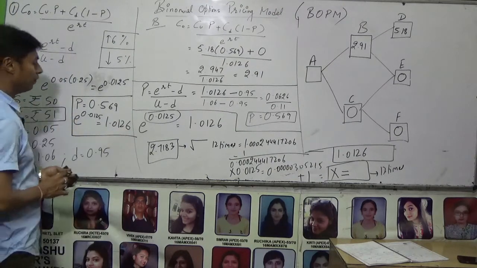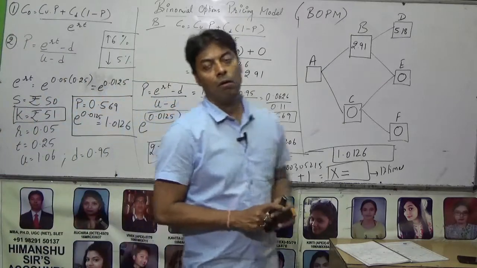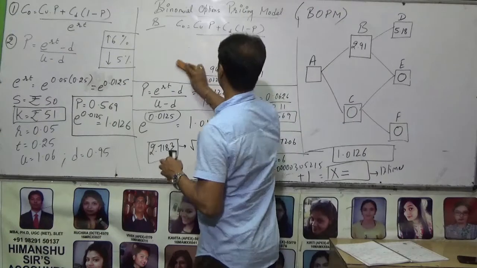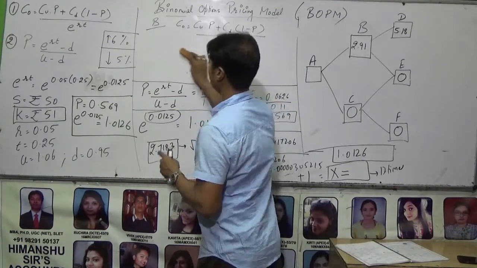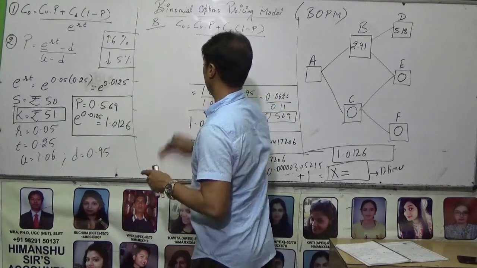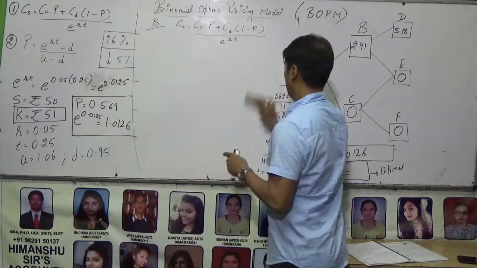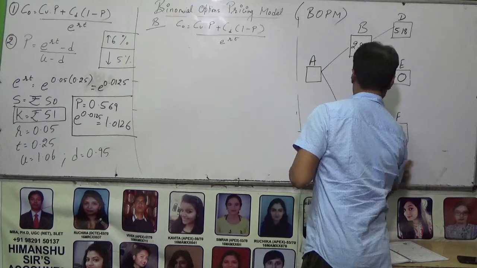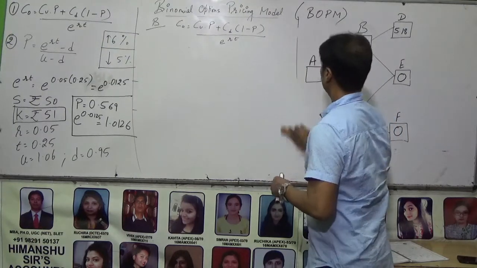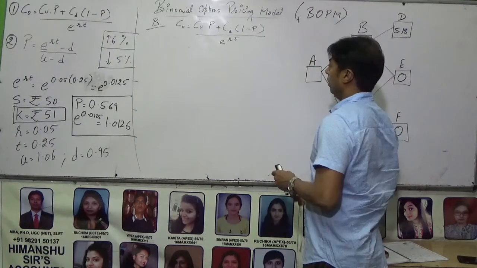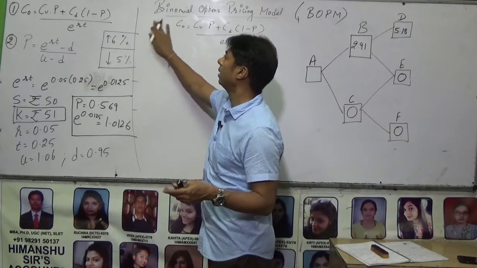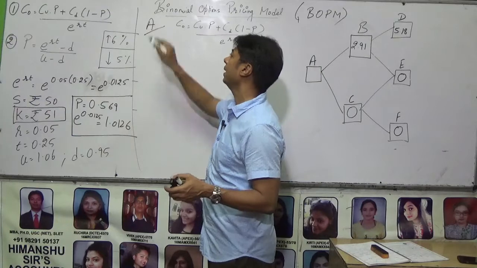This is going to be of immense importance in order to calculate the value of A node, right? So let us go for node A, and let's erase this part, because now we are on the verge of completing the question, the climax of this problem. Now we are going to find out the value at node A.